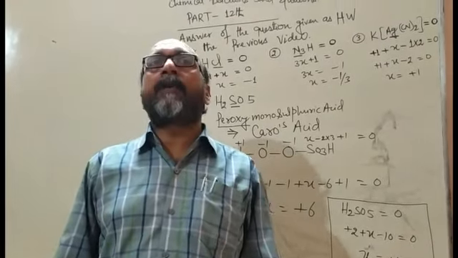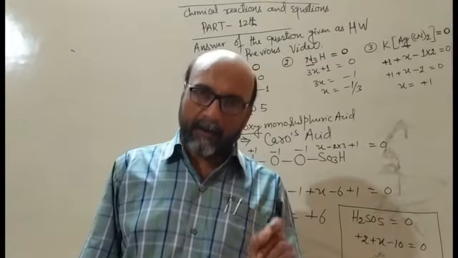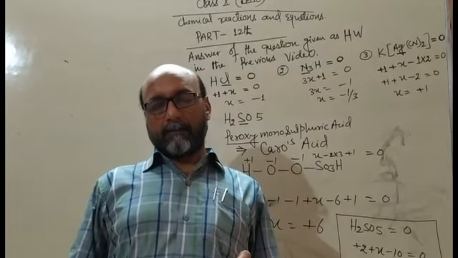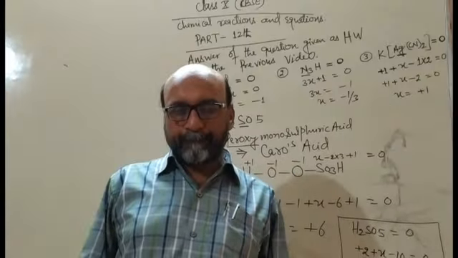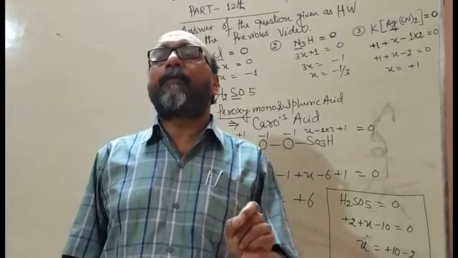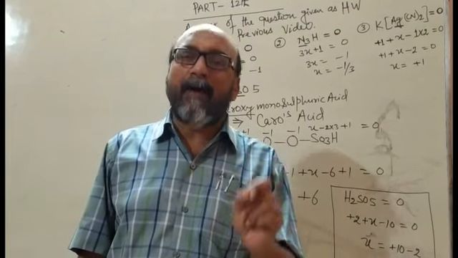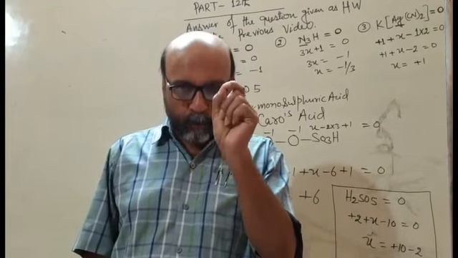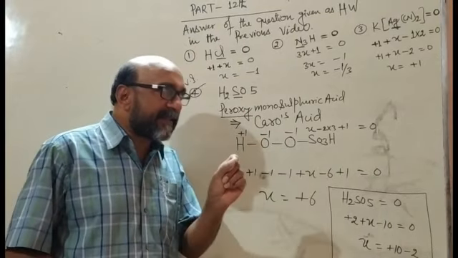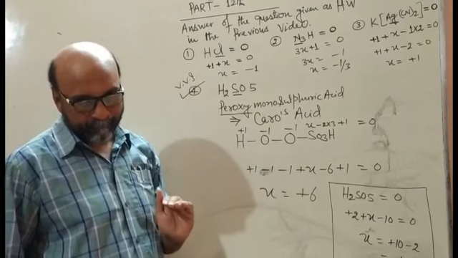And if you decide the group number of sulfur in the periodic table, or if you see the place of sulfur in the periodic table, you will find it belongs to group 6A, just below oxygen.